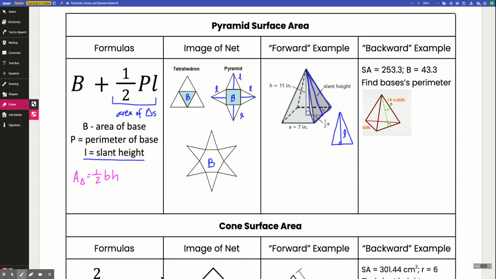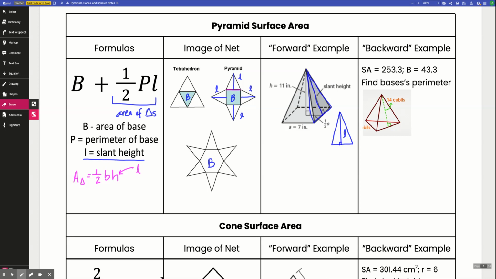Well, I have the 1/2 in both of these. L is the slant height, that is the actual height of all of these triangles. And then B, the base, is replaced by the perimeter of the base shape, which again, I'm hoping kind of makes sense.